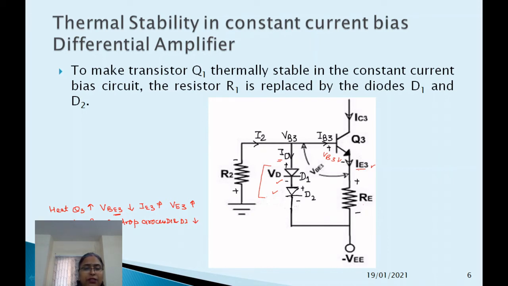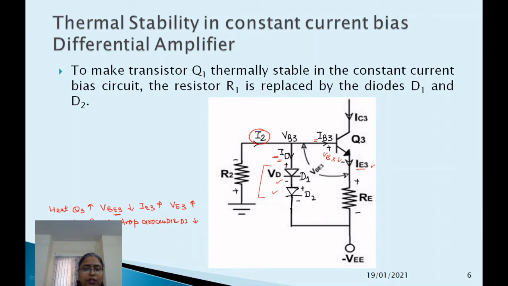Because this also lowers VB3, the drop across D1 and D2 also decreases. As a result, as you can see, this I2 current is divided into ID and IB3. So if the drop decreases, the ID current will increase. As I2 is fixed, IB3 will decrease.